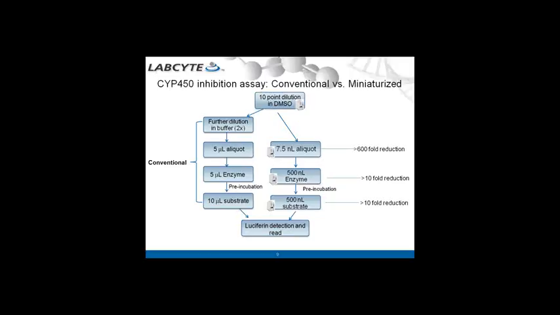After enzyme, substrate, and inhibitor are incubated, luciferin detection reagent is added to the enzyme, substrate, inhibitor mixture, and the plate is read on the reader again. So with the miniaturized P450 inhibition assay, all of these procedures can be done on Echo liquid handler.